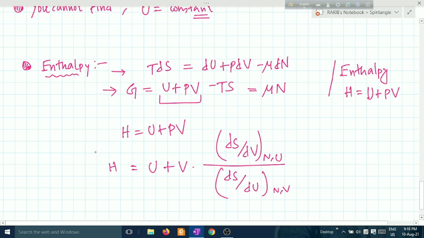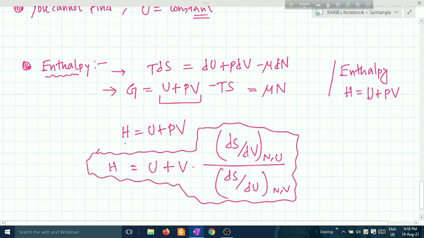This is the answer for enthalpy for the microcanonical ensemble.